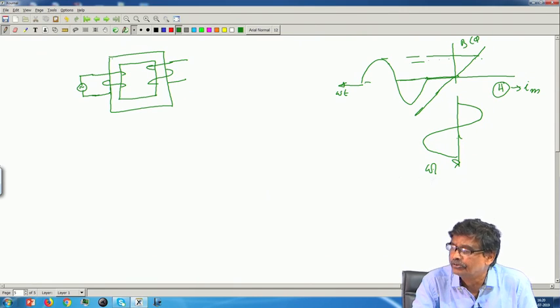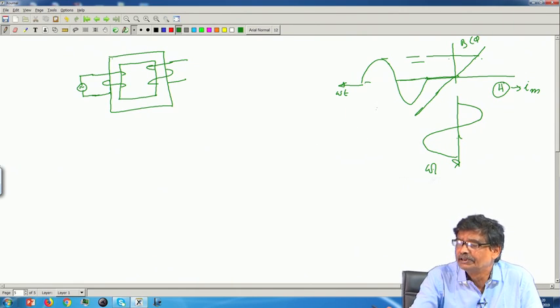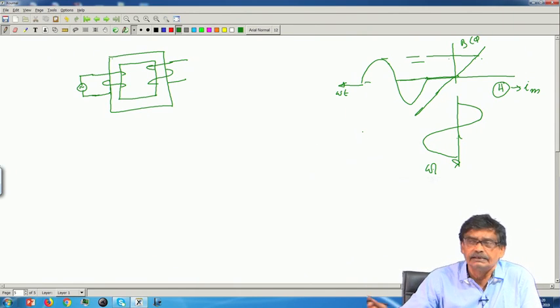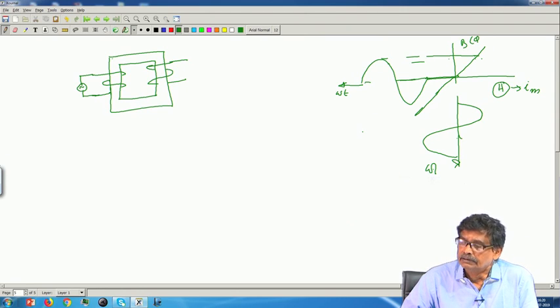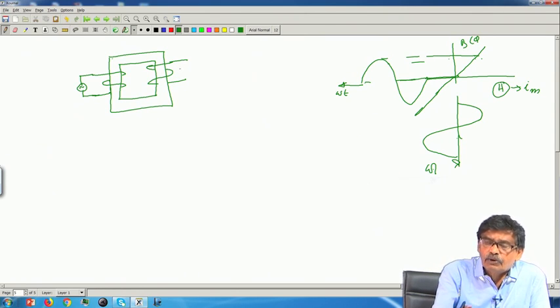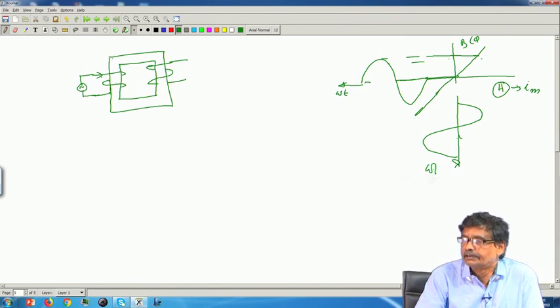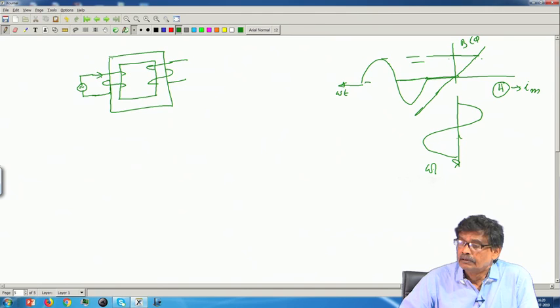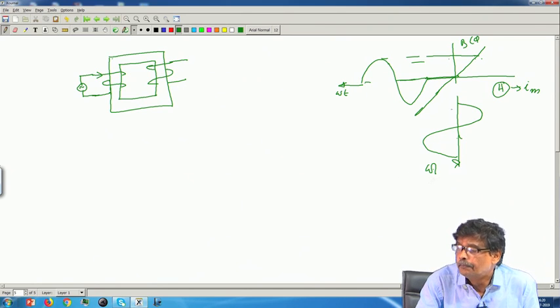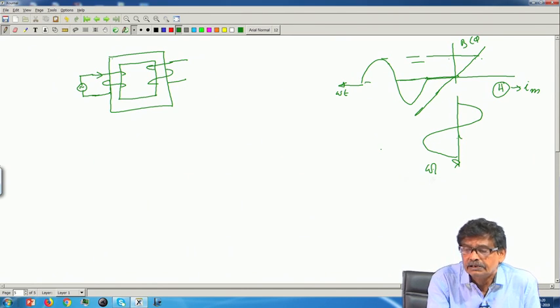It will also be sinusoidal, because the projection is a linear line. If you want to create sinusoidal flux, you require sinusoidal current. The reverse way, if you pass sinusoidal current, you are guaranteed the flux will be sinusoidal in the core.